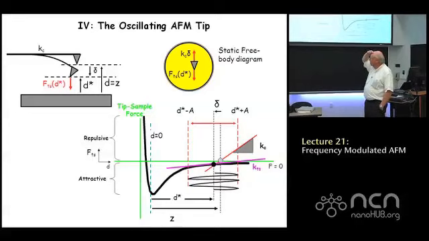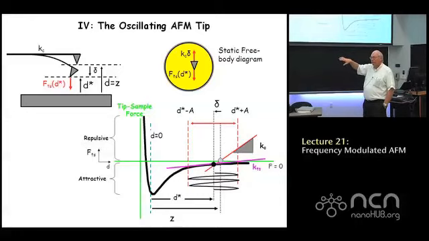And we're going to ask what the frequency of oscillation of the cantilever is for different values of D star as we systematically move the cantilever from a position far from the substrate, closer and closer to the substrate. We're going to ask the question, how does the frequency of oscillation of that cantilever shift? And the way we're going to answer that question is based on the method that's been laid out in the previous 2 or 3 examples.